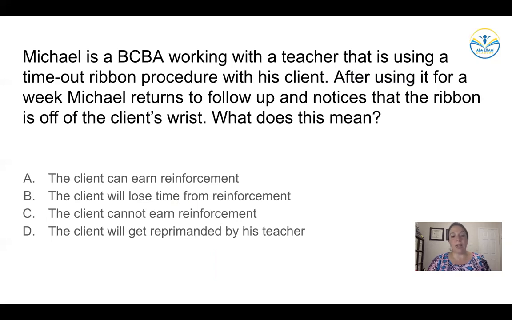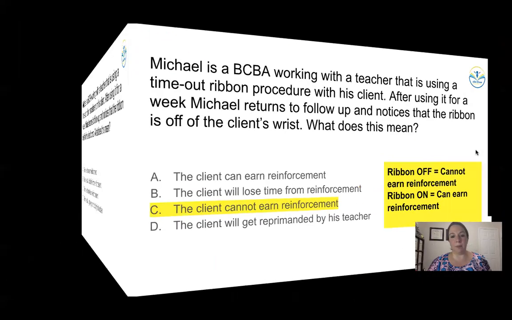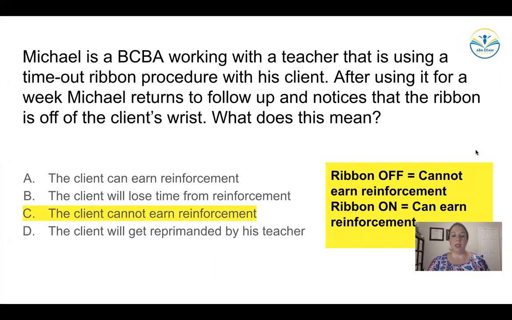Or D, the client will get reprimanded by his teacher. A. C. C. Two C's, one A, and it is C. So the trick here is knowing that when the ribbon is off, you cannot earn the reinforcement. And when the ribbon is on, you can earn the reinforcement. Okay?